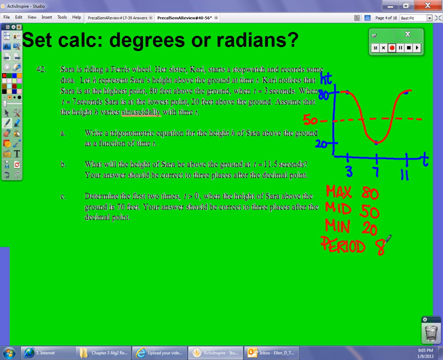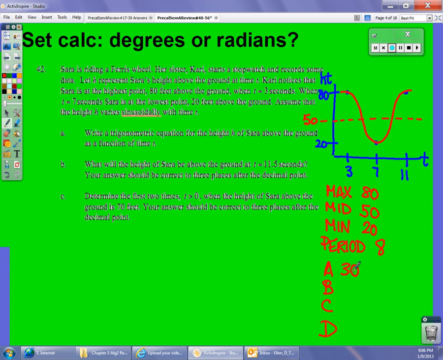From there, we can now find A, B, C, and D. That will allow us to write our equation. Our A value, or amplitude, is the difference between the midline and the max, or the midline and the min. Our A value is 80 minus 50, or 30.